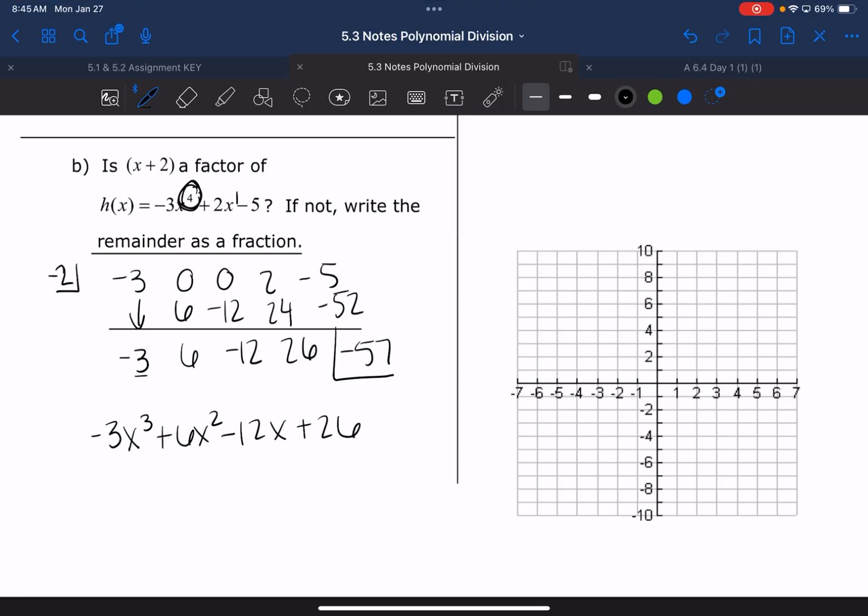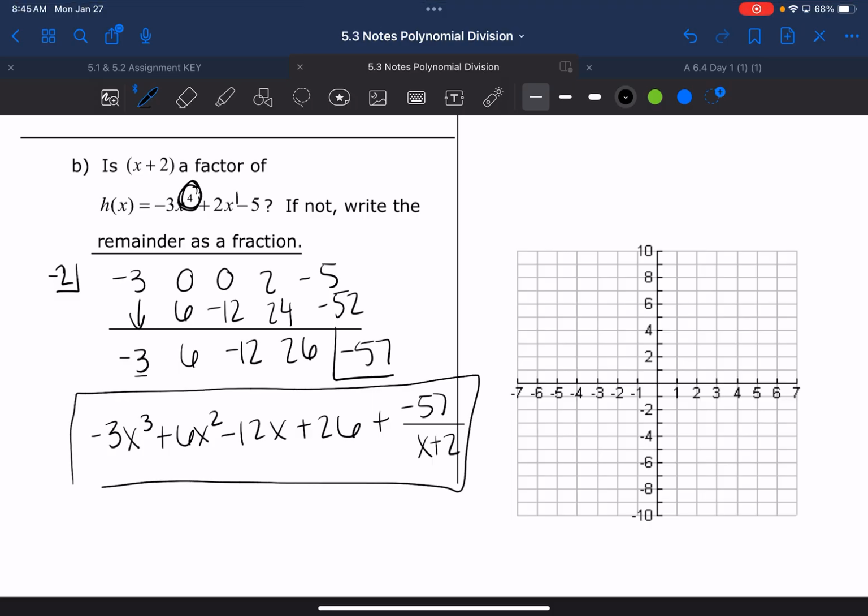And then it says you write your remainder as a fraction, right? So plus -57, or you could just put minus 57 over what we divided it by, which was our factor x plus 2. And like we said, since it's not a factor, we're not going to be able to factor any further, so that's how we'll leave it.